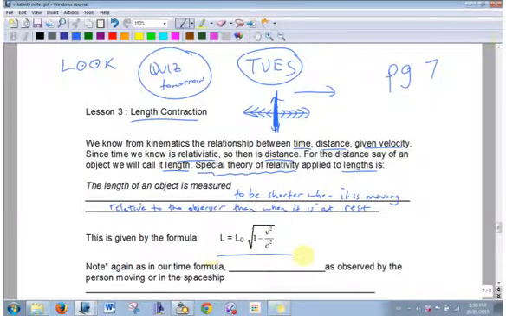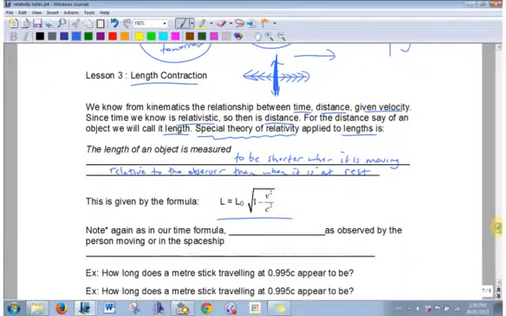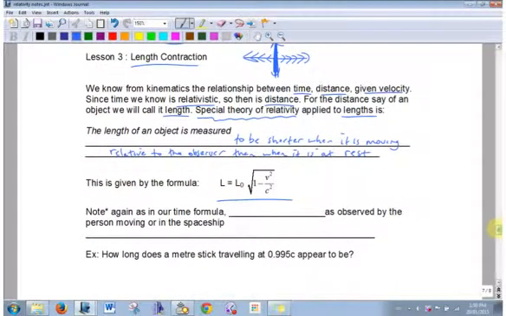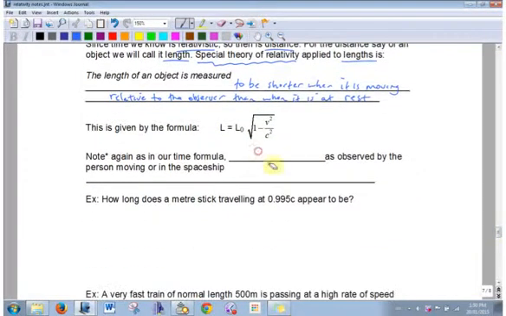Here's the formula. Looks a lot like the time one, only a little bit different, but at least we're consistent. So remember with our time dilation formula, which one was T0? This was which time? The guy in the spaceship or the person on Earth? The guy on the ship. So same thing.